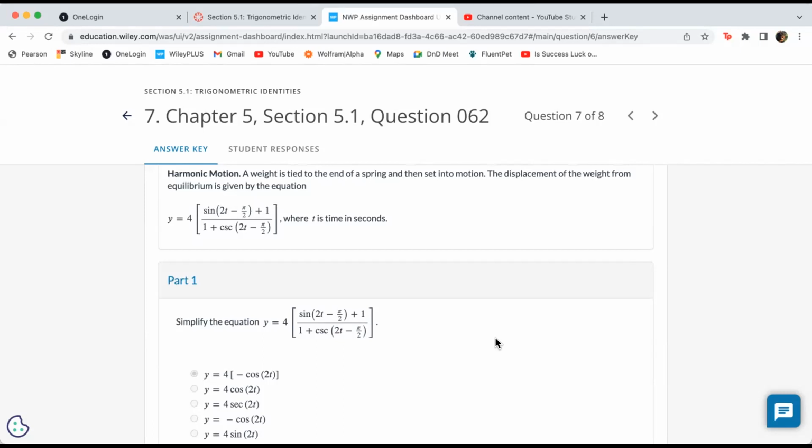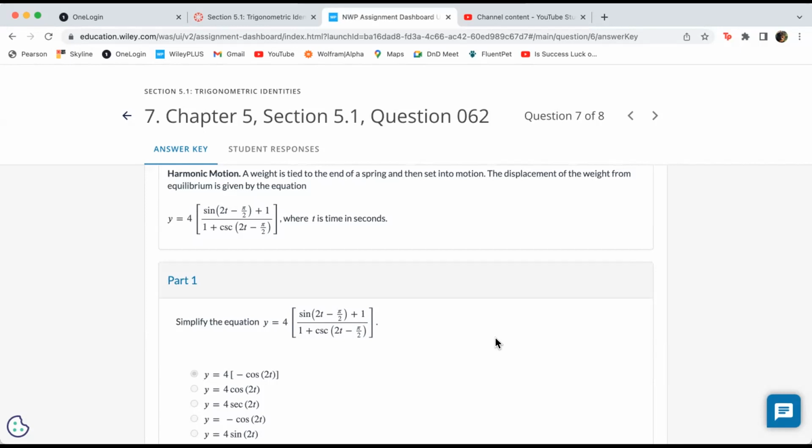We've got this expression: y is equal to 4 times the fraction sine of 2t minus pi over 2, plus 1, all over 1 plus cosecant of 2t minus pi over 2.